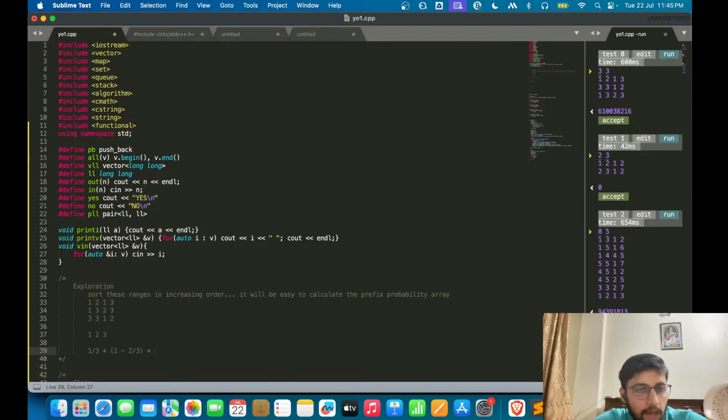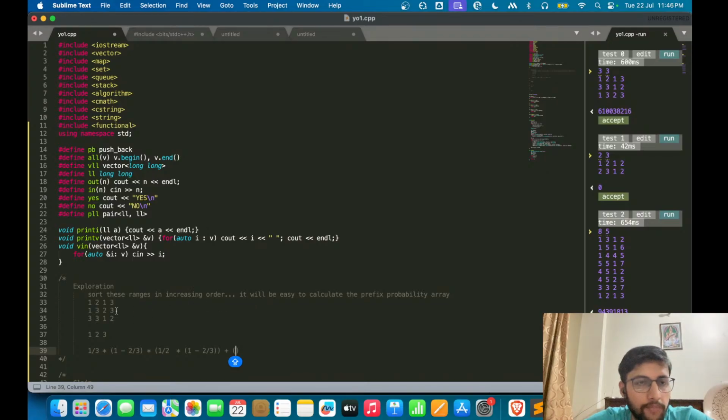And then I have to include the last number, so 1 by 2, and obviously flip that number as well, so 1 by 2 into again 1 minus 2 by 3.